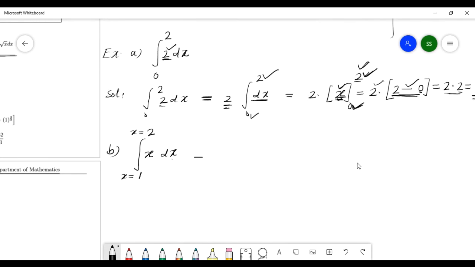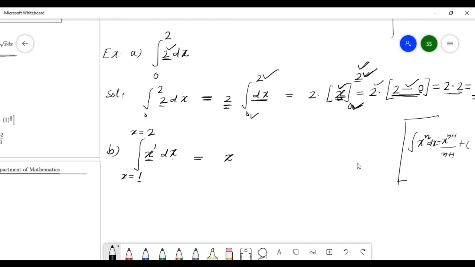This equals what? First you see the function here, the function is x, which is x power 1. So the integral of x power n dx is x power n plus 1 over n plus 1, plus c.